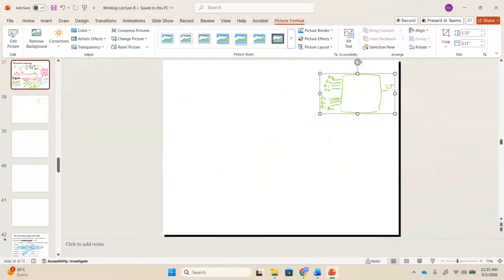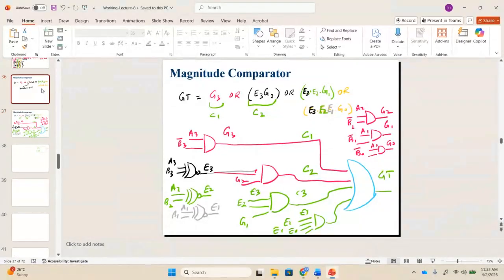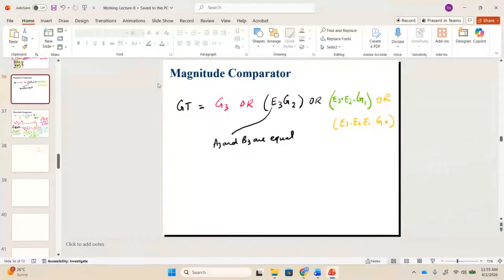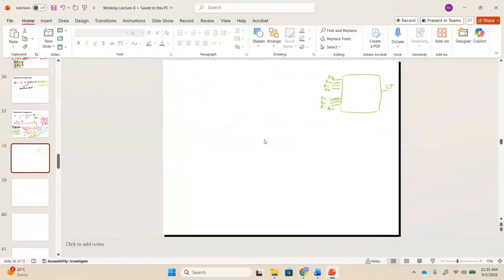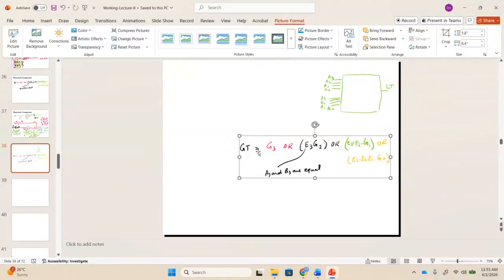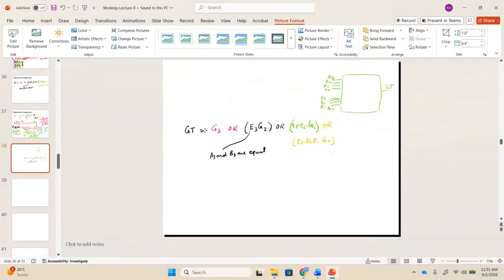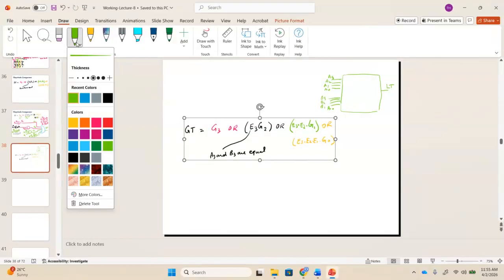So did we derive the expression for GT? Yes or no? What was the expression for GT? Please note this was the expression for GT. Am I right or not? So what should be the expression for LT? Can anyone tell me? Should be the same.